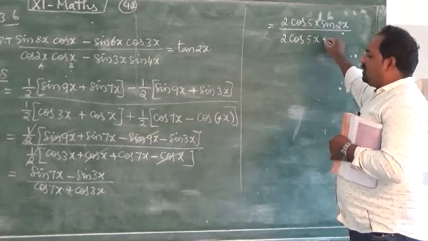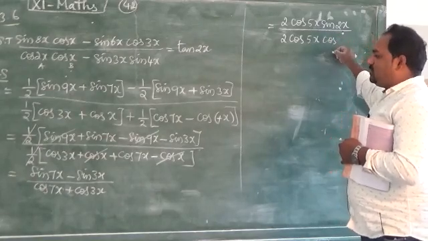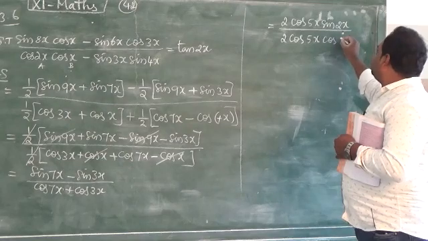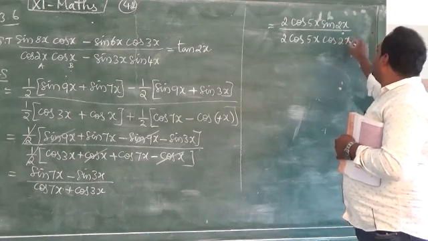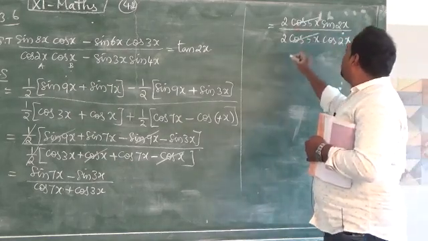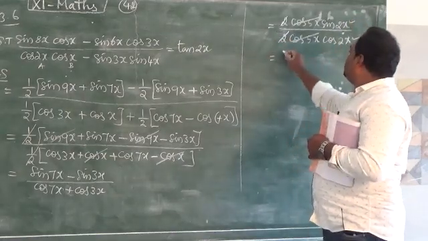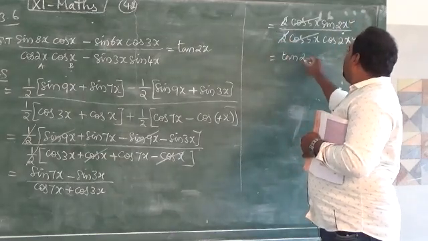Then here cos C minus D by 2, 7x minus 3x, it is 4x by 2, it is 2x. We have a cancellation, remaining sin 2x by cos 2x, we can write as tan 2x.